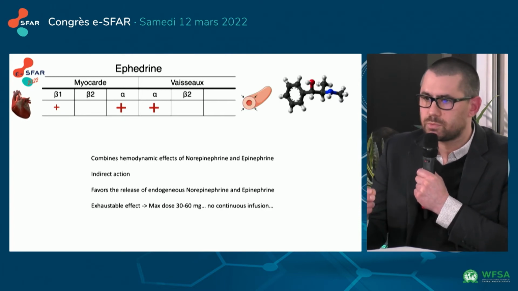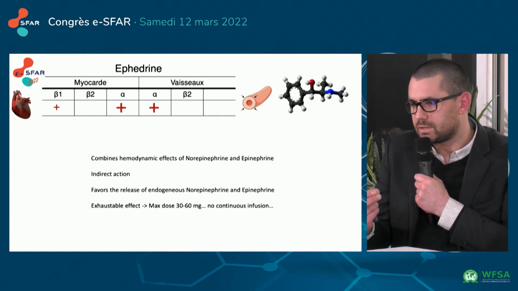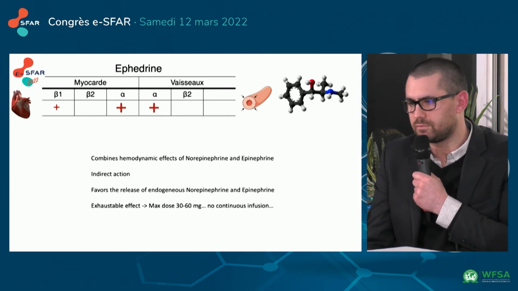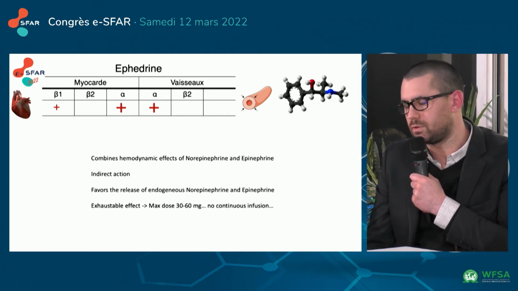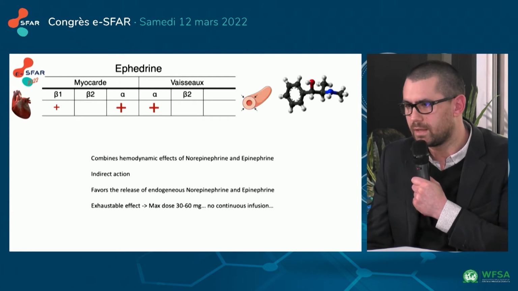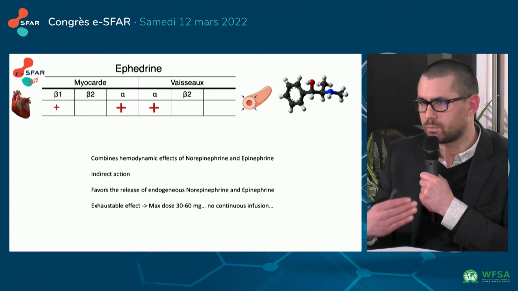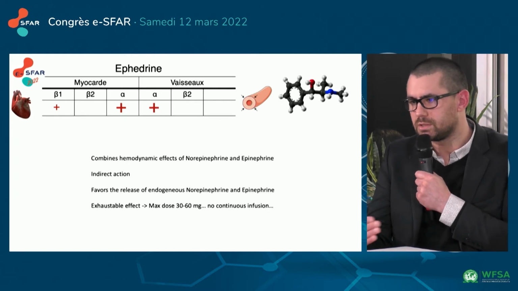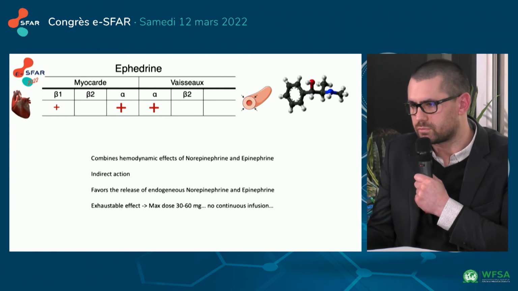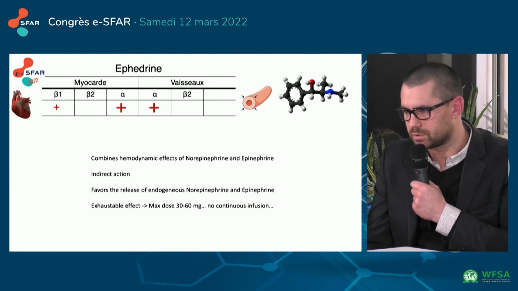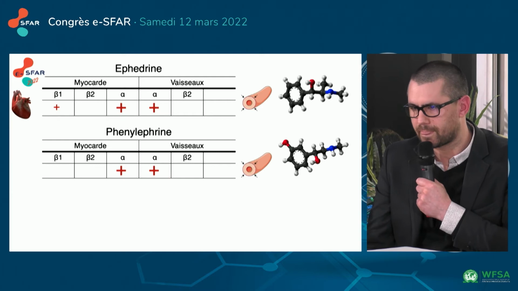It has an indirect action. Finally, it just favors the release of endogenous norepinephrine and epinephrine. And as you know, it has an exhaustible effect, meaning that when you go beyond the 30-60 milligrams, there is no more effect, and of course you can't use it as a continuous infusion.